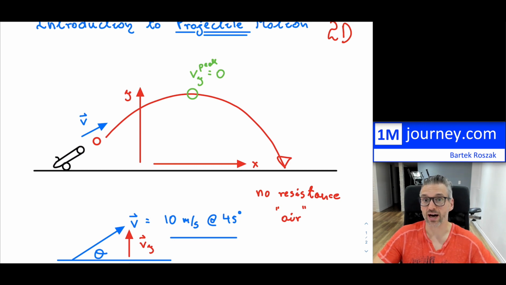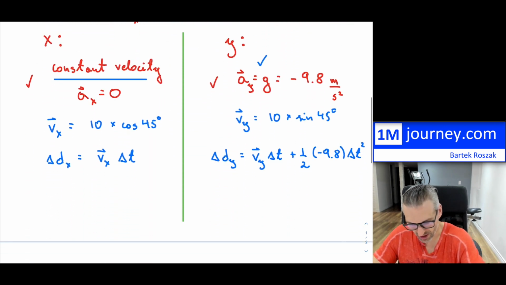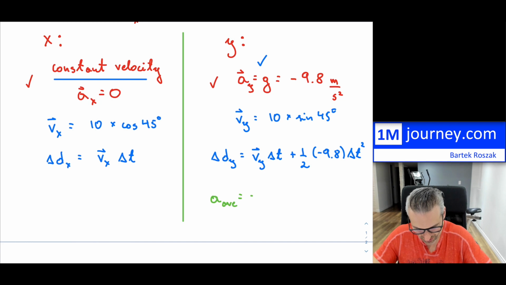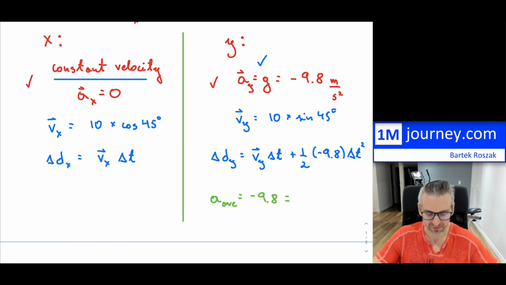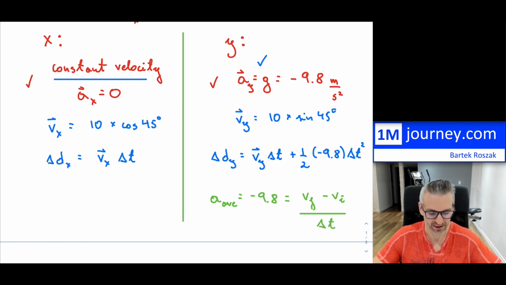So if we know that these two are the same, then in that case we know exactly that the average acceleration, which is nothing else but negative 9.8 meters per second squared, is equal to, please recall, your V final minus your V initial, all over the change in time that it has taken us.